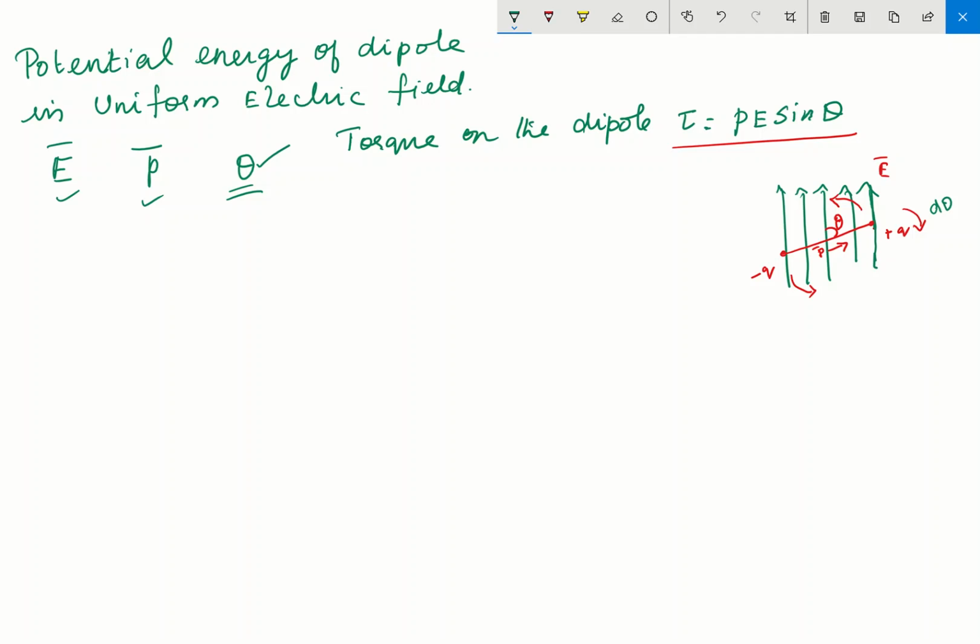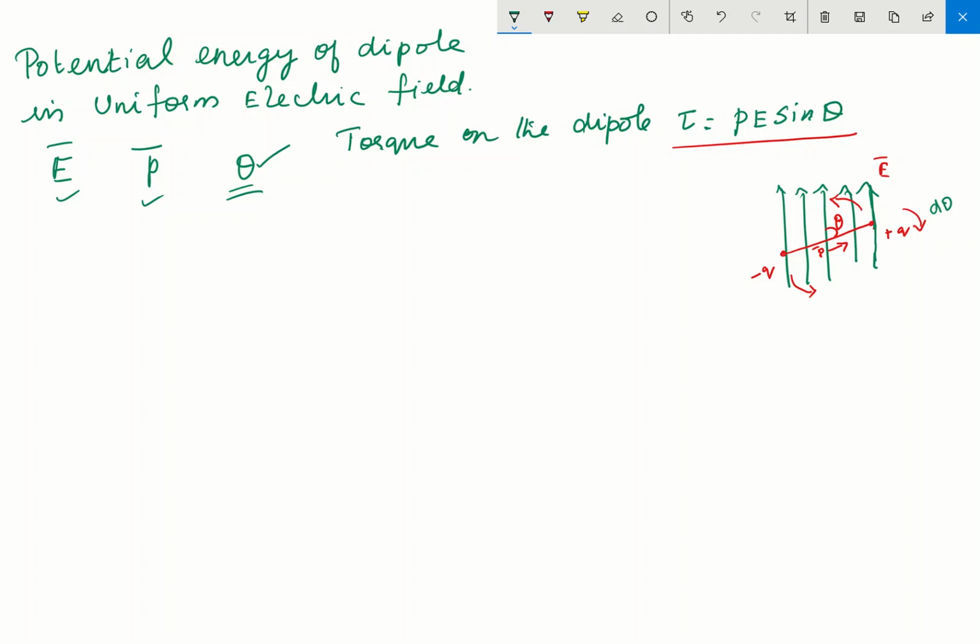Torque will be acting in the anti-clockwise direction, but I want to move the dipole through an angle d theta against the torque. So this is very simple: some work has to be done against the torque.